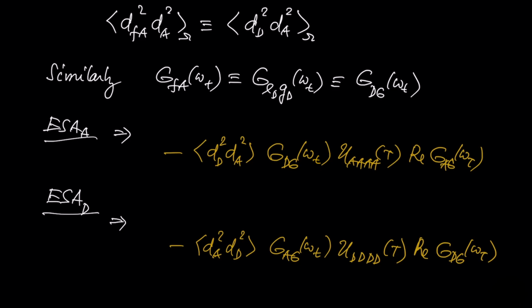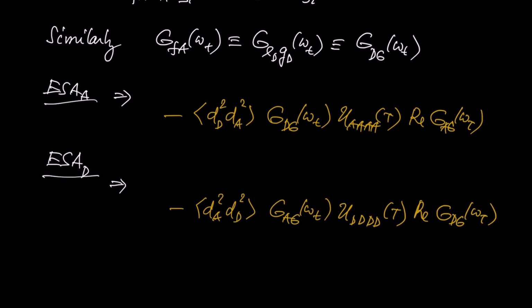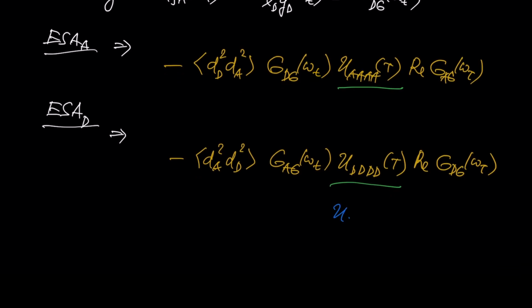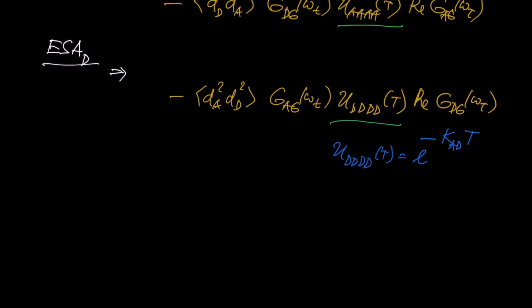The only difference between these two things, apart from being on different molecules, is that here we do not expect any evolution. Once you start on A, you stay on A, but once you start from D, you go to A. That means there is a decrease of the population on D, and we can expect that this term will decay exponentially with the rate KAD, depending on T.